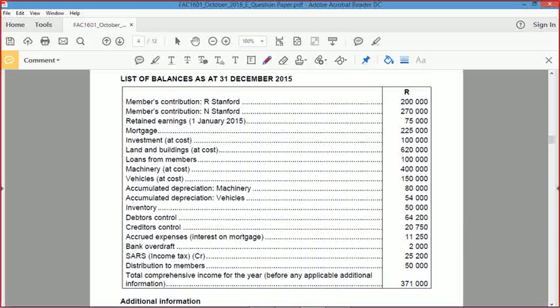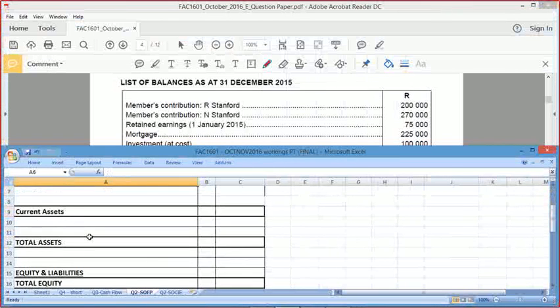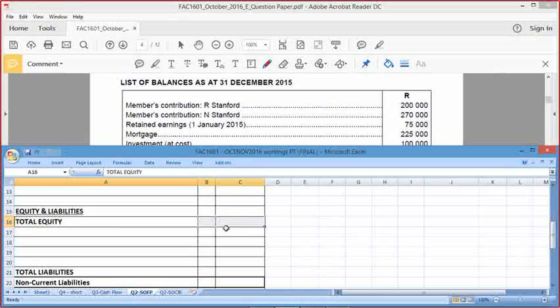What do you see in financial position? Equity. Is this equity? Yes, it is. Good. So get your working mark for showing that. Members' contribution in brackets, 200 plus 270.